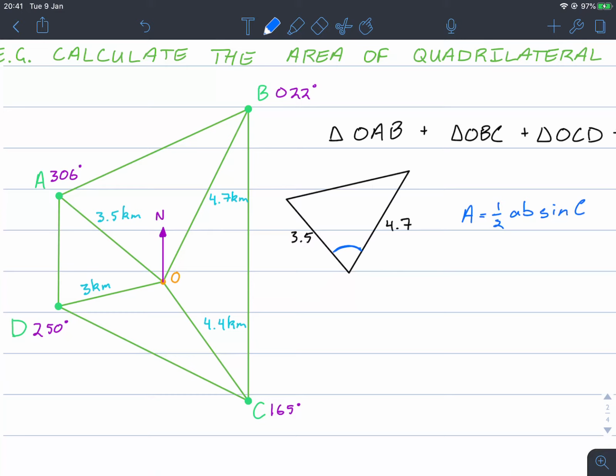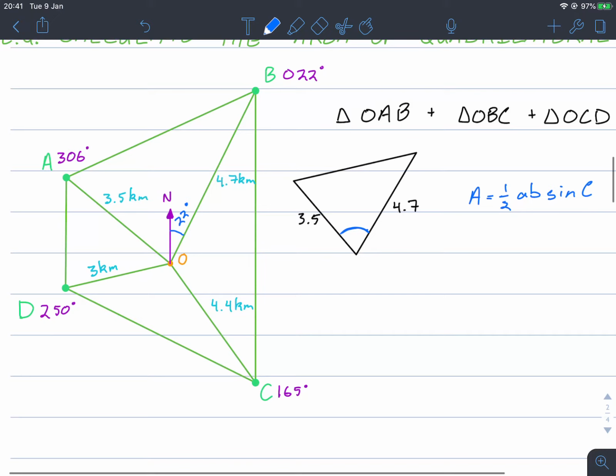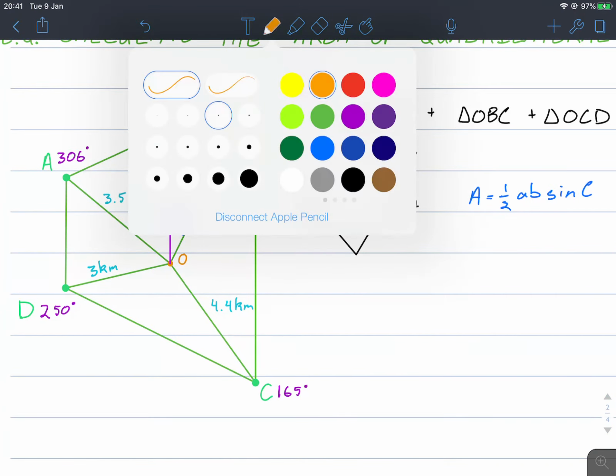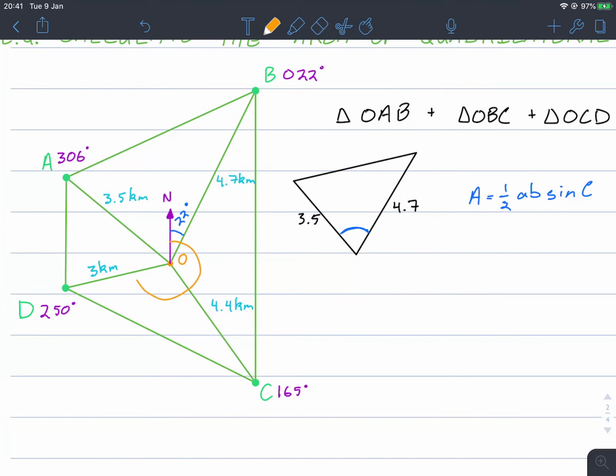Consider that the bearing from north to this point here is 22 degrees. Now the bearing from north all the way around to here is 306 degrees. If we were to do a full 360, the remaining amount here is 360 take away 306.